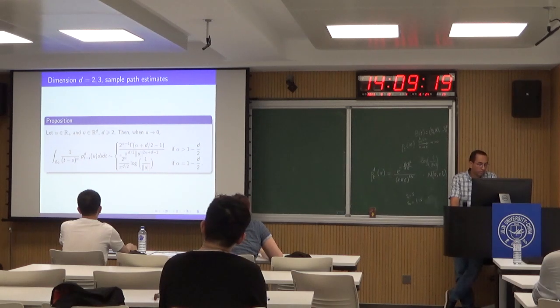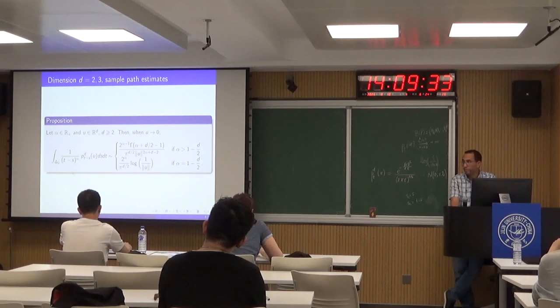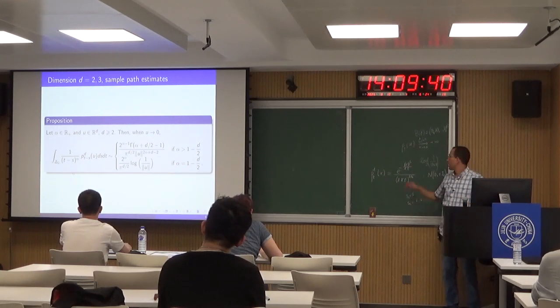And remark that this integral blows up. Since we have this equivalent expression, it is clear that when u tends to 0, this integral tends to plus infinity. It is like the behavior of root of u.